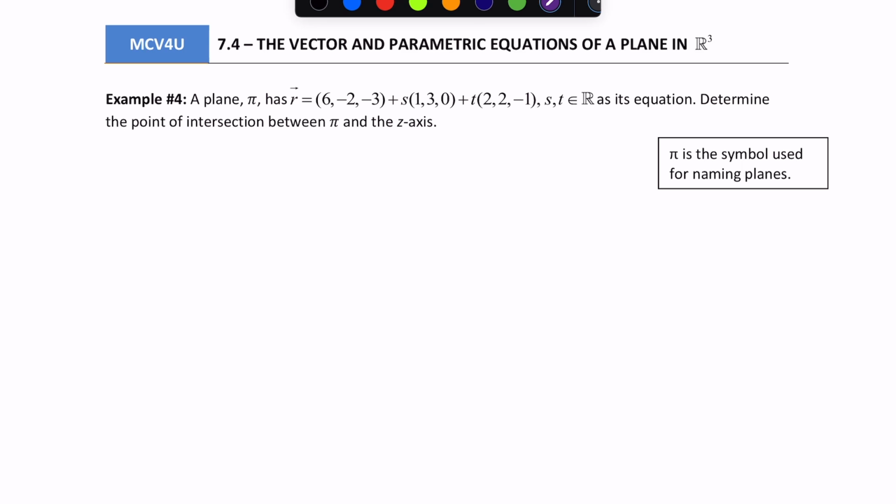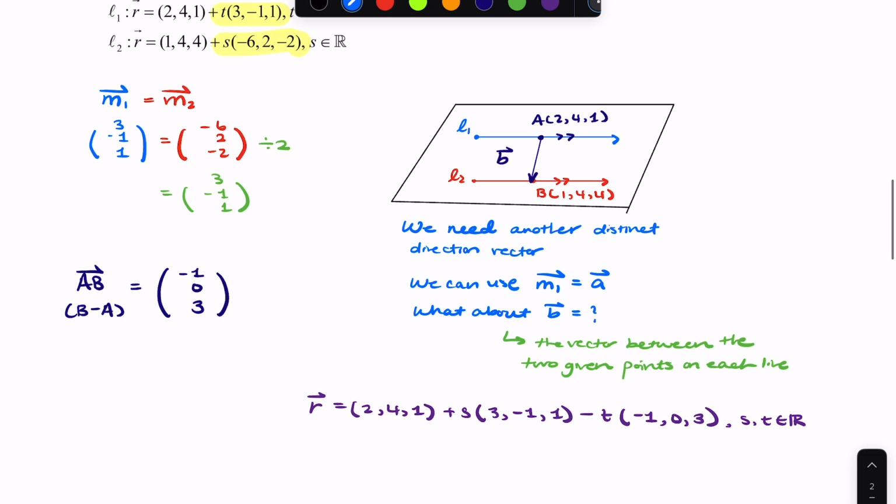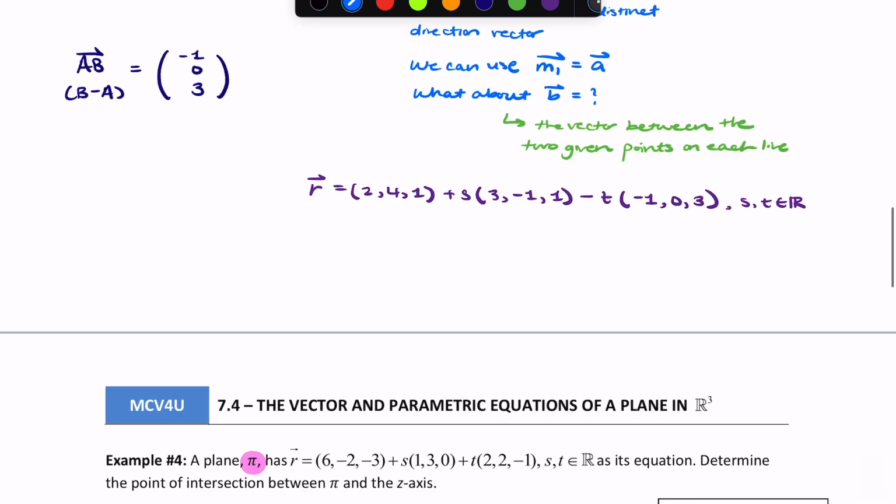So we have example number 4. It says a plane. So plane represented as pi. Many times we can, again, use pi to represent the idea of a plane. So here, even when we look at our drawing, again, we can label this as pi. So that represents the plane.